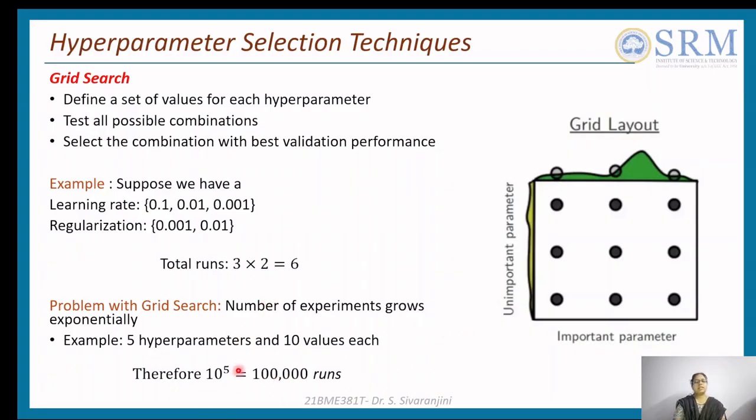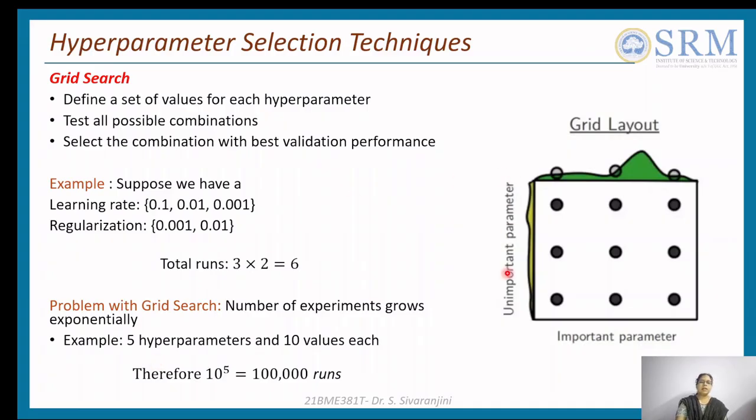That becomes 10 power 5, which is 1 lakh rounds. As the number of experiments grows exponentially, it is expensive, becomes a tedious task, and tends toward overfitting. But the advantage is that we will reach guaranteed convergence, meaning a proper generalization will be obtained with grid search.